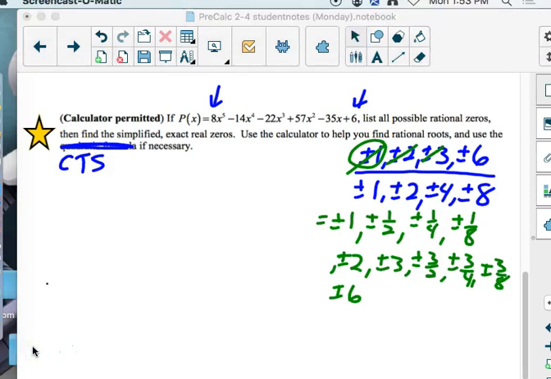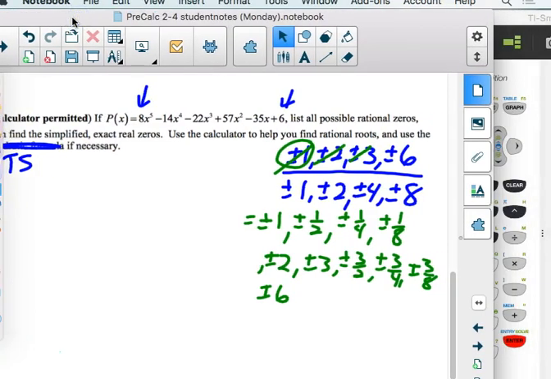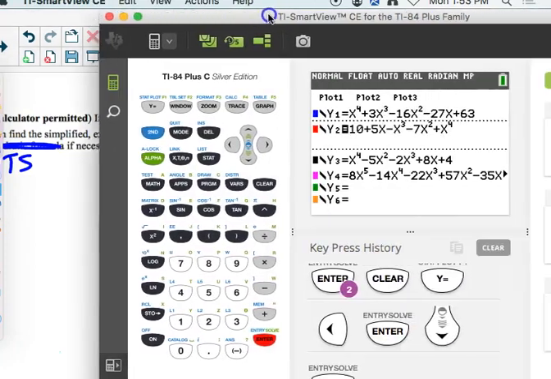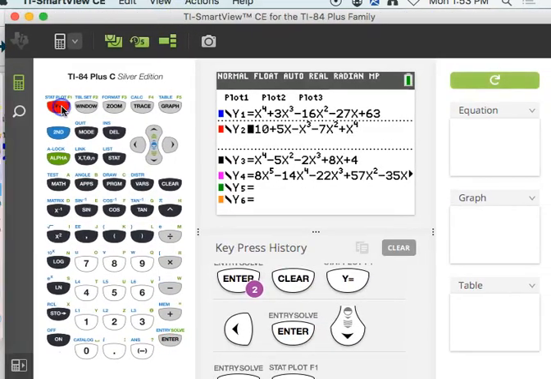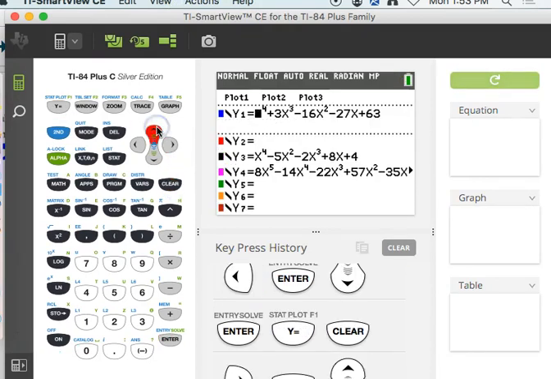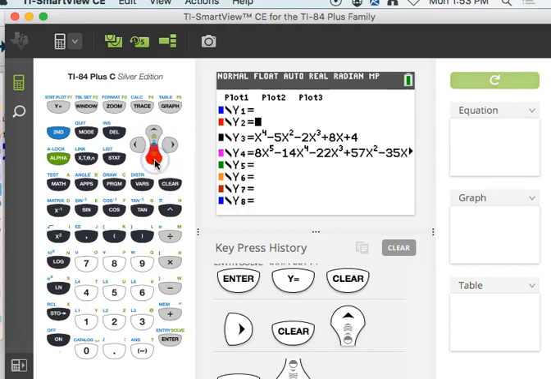Now what we have to do is narrow that down by using that graphing calculator to get a peek at this and see which ones we should try. Boy, was this ever a bear to punch in on this calculator. So what I think I'm going to do is just clear these out.